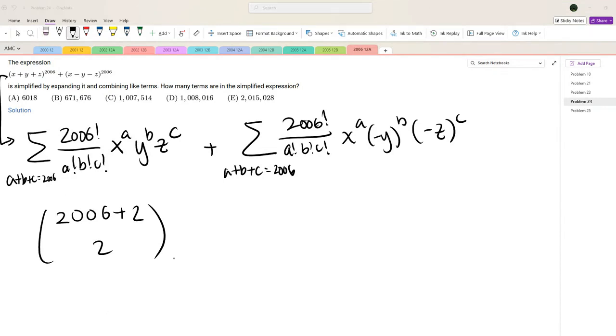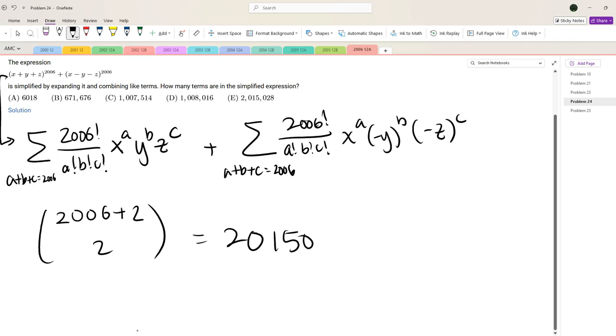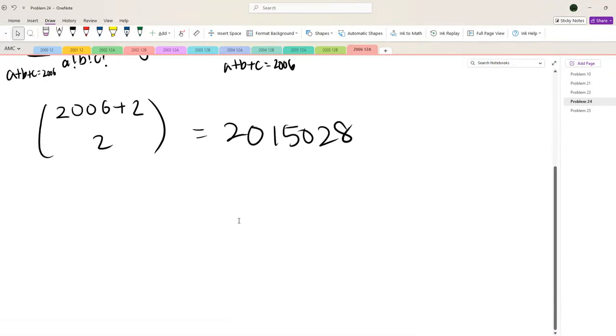So if you calculate this value out, you'll get that it's equal to 2,015,028.